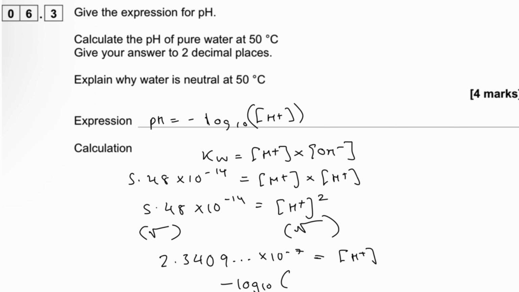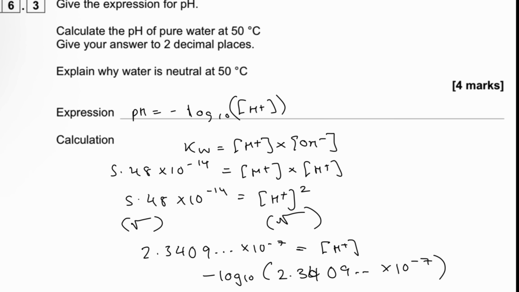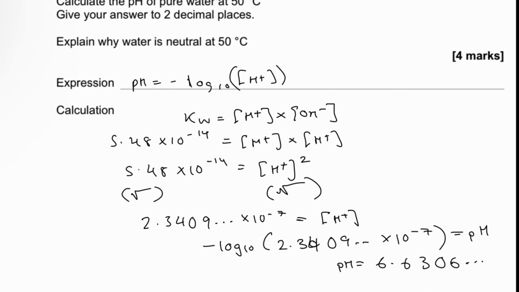And that's minus log 10 of 2.3409... Again, I'm going to use the exact value by using the storage function on my calculator. I'm not going to simplify it. And that gives me pH value. So minus log 10 of my answer was 6.6306... pH is 6.63.